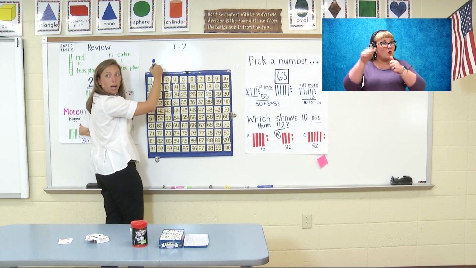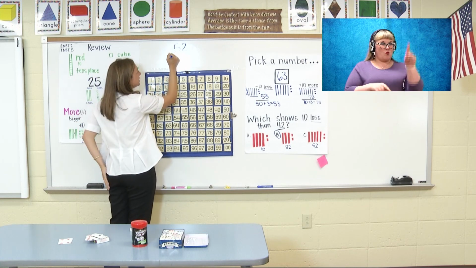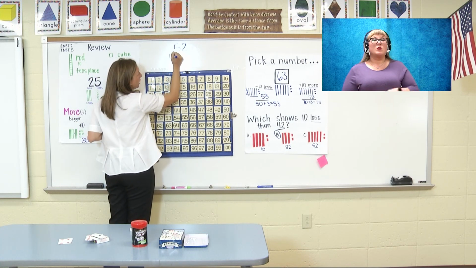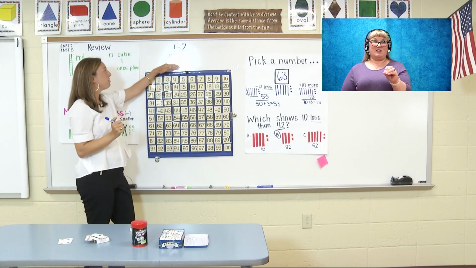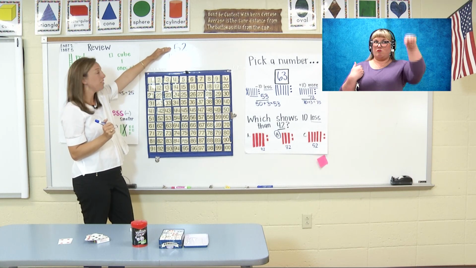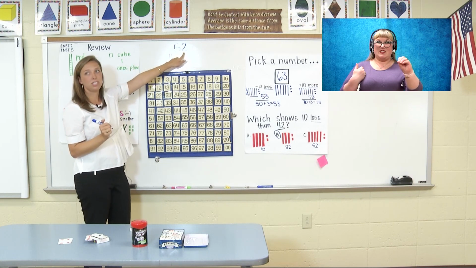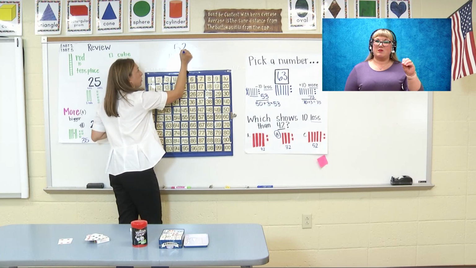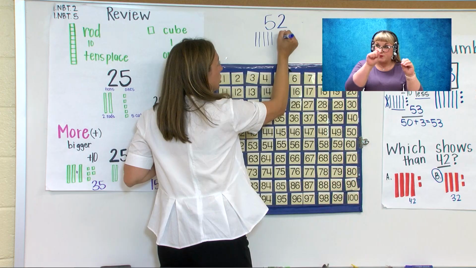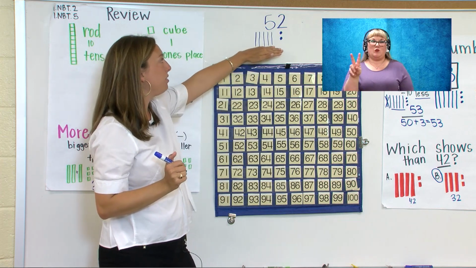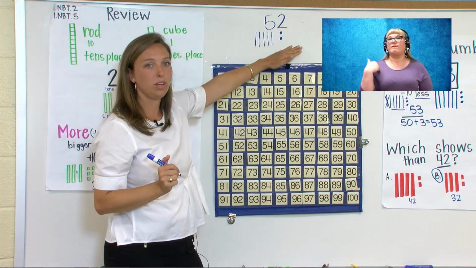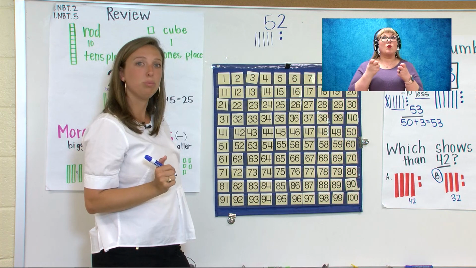Remember, when we draw a rod, we count by tens. 10, 20, 30, 40, 50. We have 5 rods that gives us 50, but we have 52. 2 cubes. So now we have the number 52. We want to go 10 more.